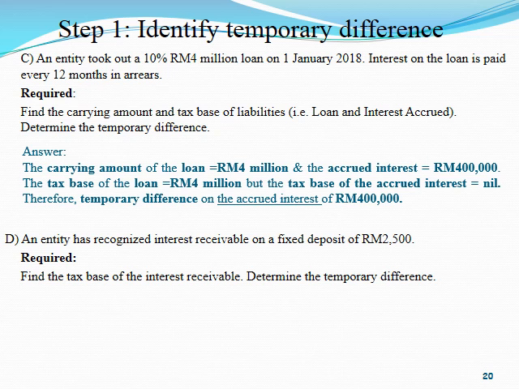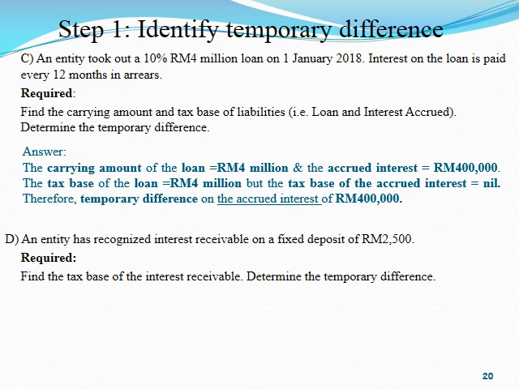The tax base of the loan is the same as the carrying amount, which is 4 million. However, the tax base of the accrued interest is nil, 0, because, as I already explained earlier, under the tax rule, expenses, including interest expense, are only allowable to be deducted for tax purposes if it is paid.